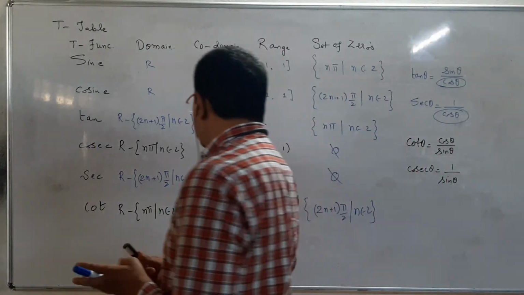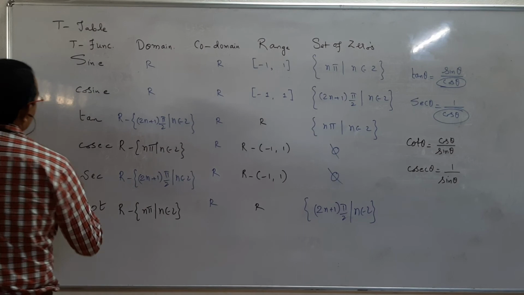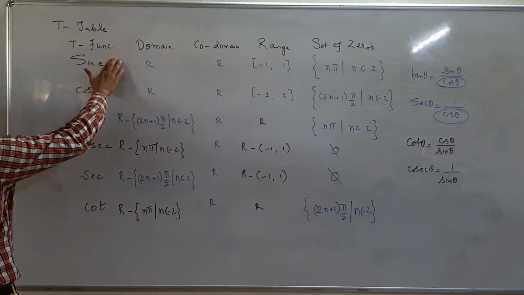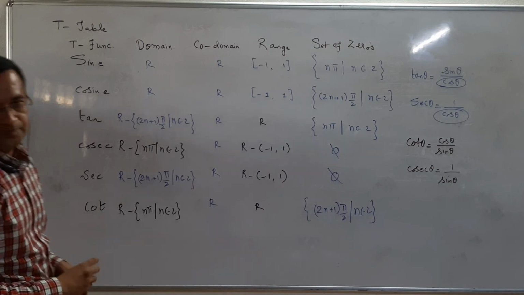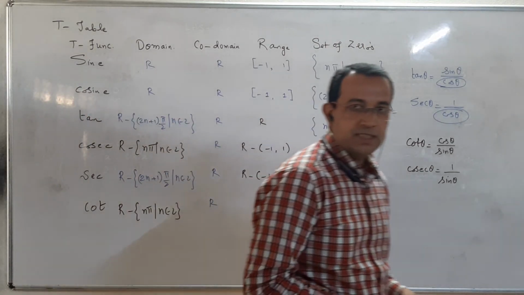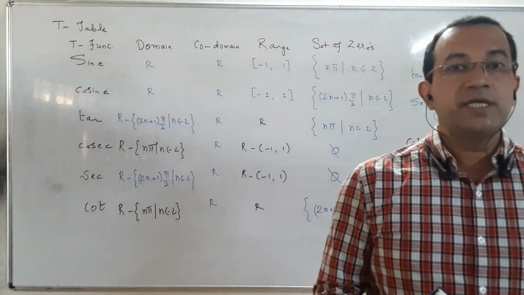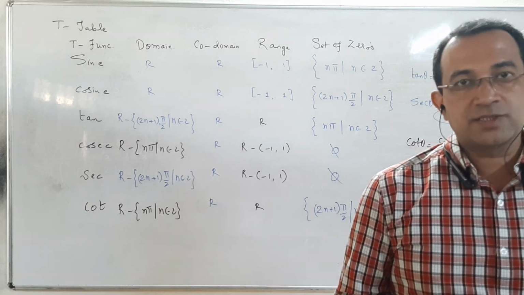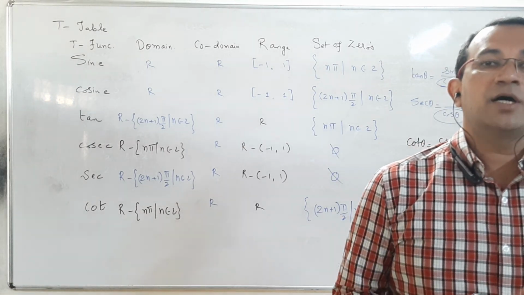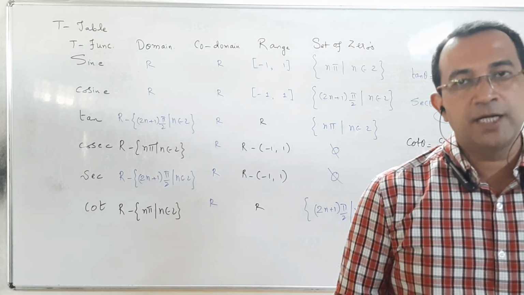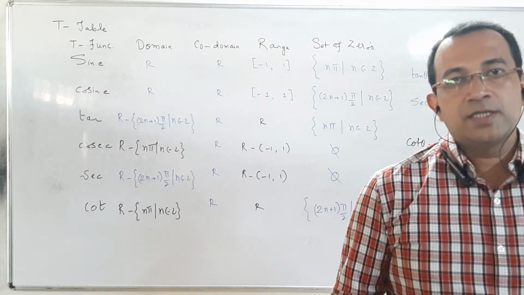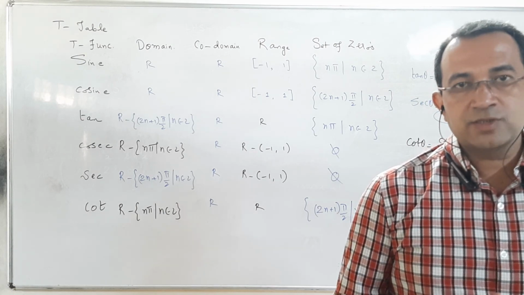So this T table you have to really make before you sit on the dining table to drink your milk or tea. This T table must be prepared daily once till you are thorough with the basics of this table. This table is very useful in physics also.